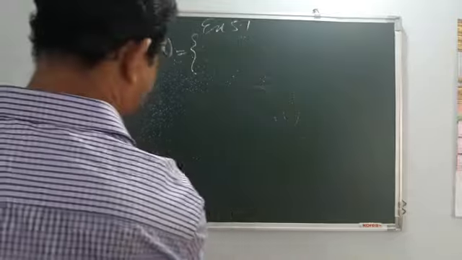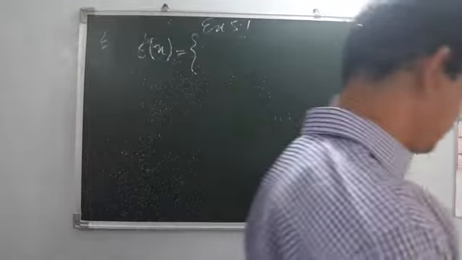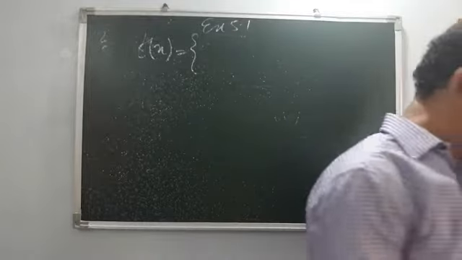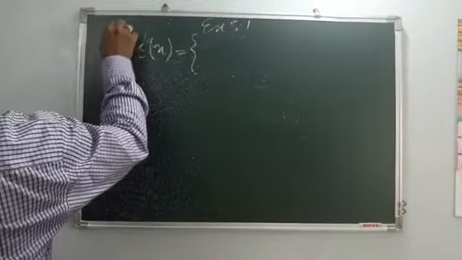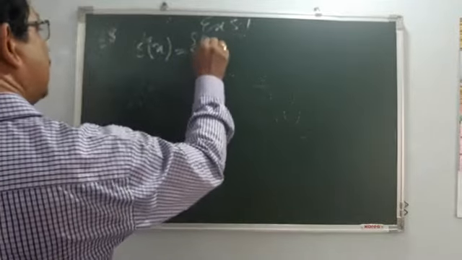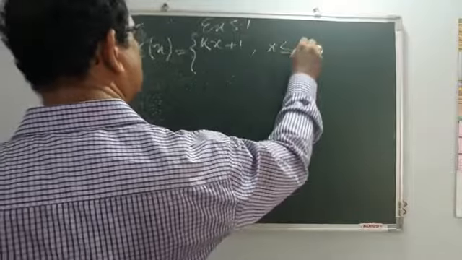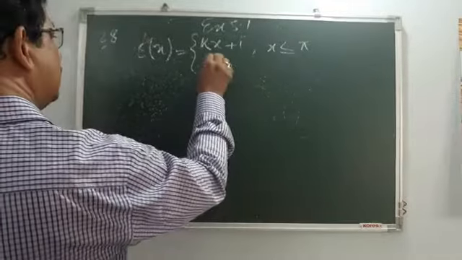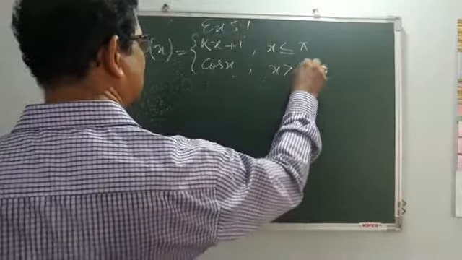So now when we take these f(x)'s, kx + 1 when x is less than or equal to pi, another value is cos x if x is greater than pi.